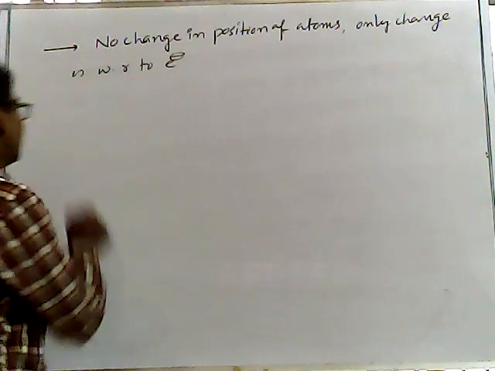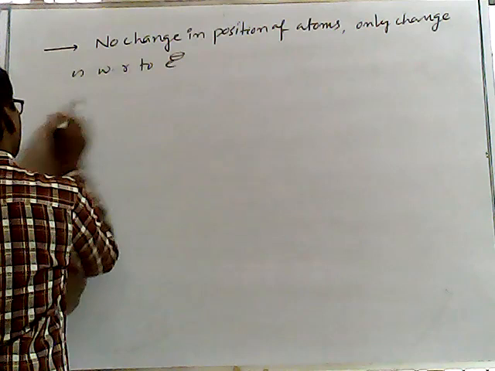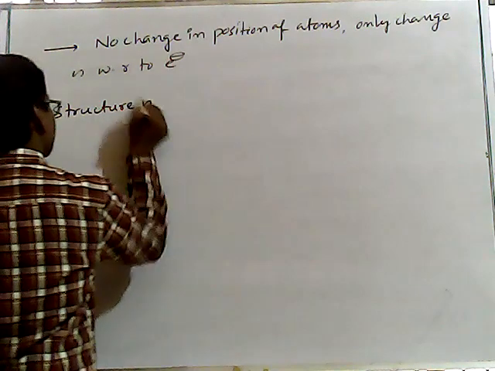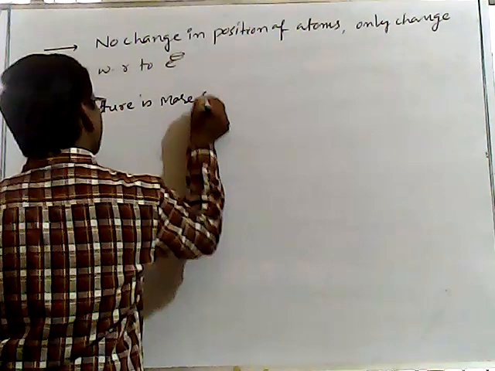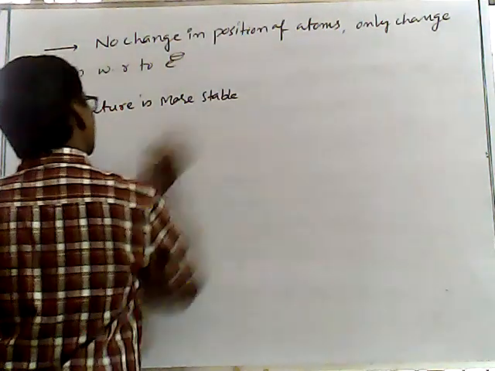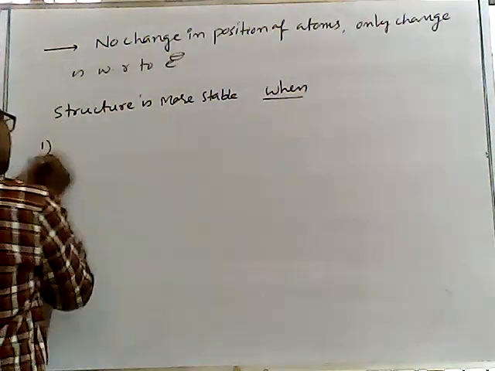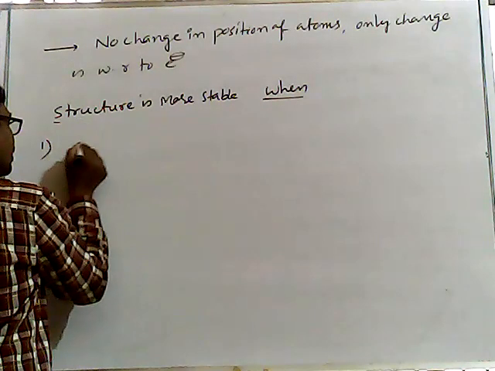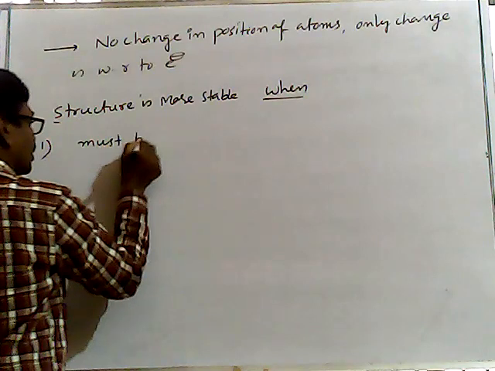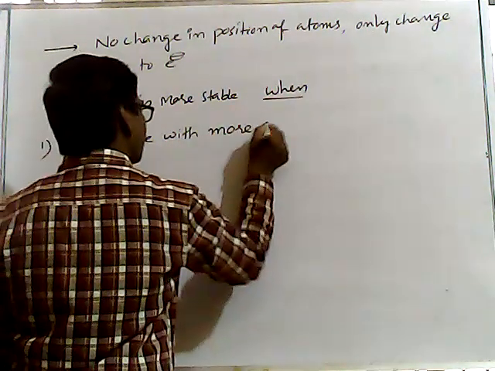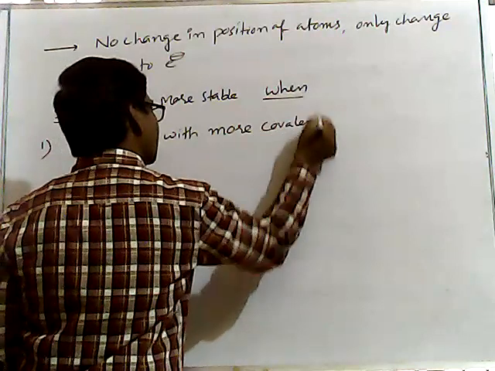Okay. Then a canonical structure is more stable when, here are the conditions you have to remember. The first one is that it must be with more covalent bonds. I'll give examples for this.